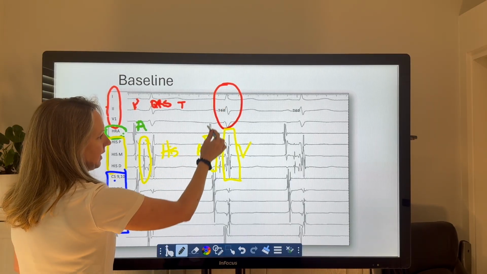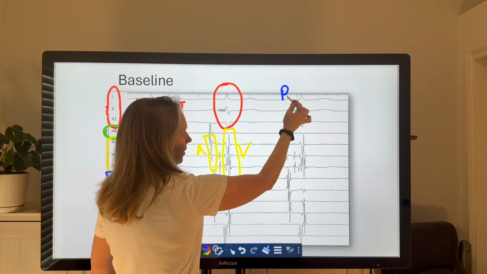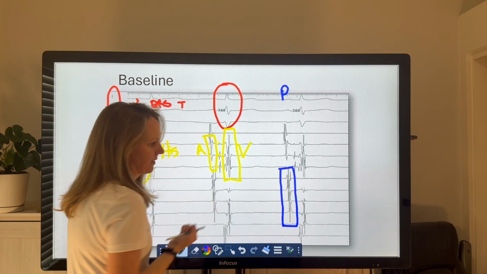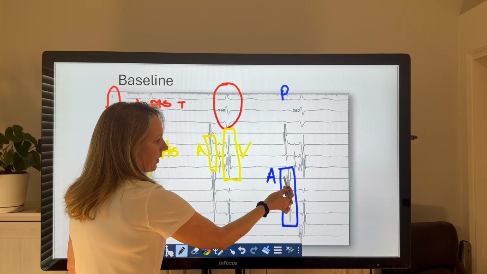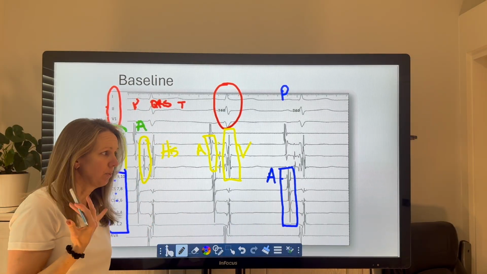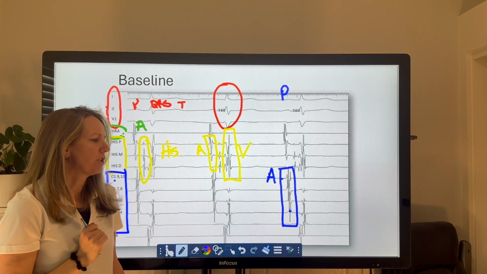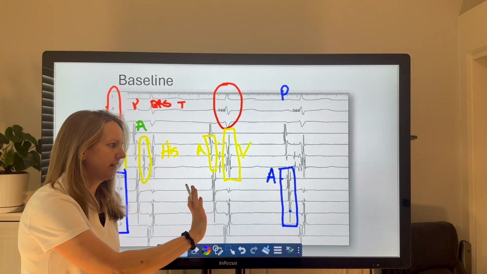So again, lining up under the P wave. We'll start fresh here. So lining up under the P wave, all of these are atrial signals. Okay, so these are all A's, with CS 9-10 on the proximal side, so at the ostium, so more right atrial, and on CS 1-2, that's our distal electrode, so left side of the heart.